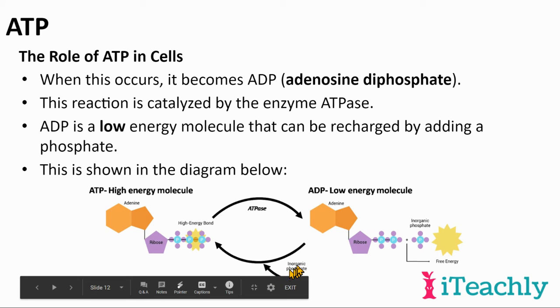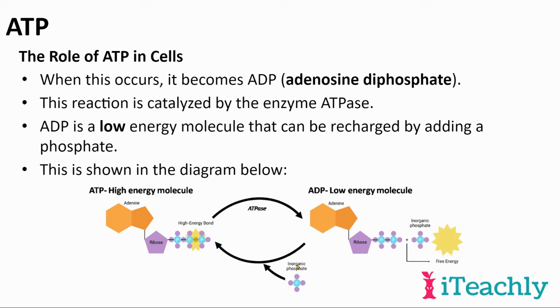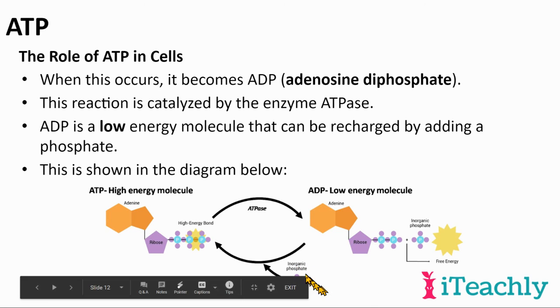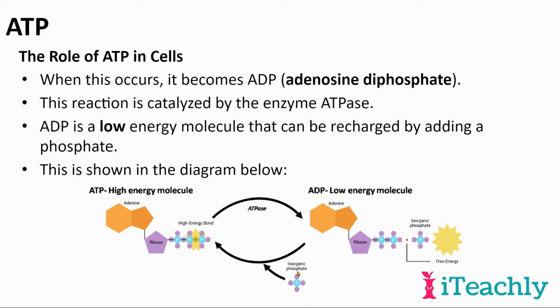But it gives off this inorganic phosphate. And this inorganic phosphate really is going to act like something that turns things on. So if you have to start making something, it needs ATP, and this phosphate will attach to it and turn it on. When you have that phosphate attached to it, it turns on. And when the phosphate comes off, it turns off.